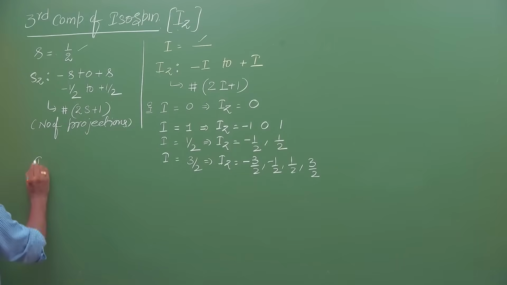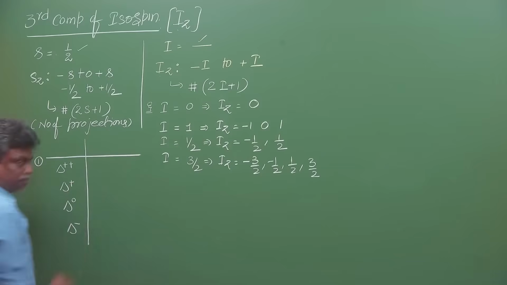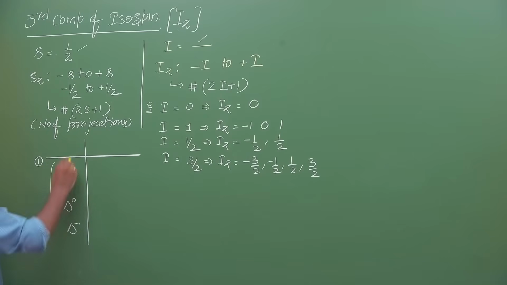Now I am taking 4 particle group. Everybody please listen. Delta double plus, delta plus, delta naught, delta minus. I am not giving any formula for this, leave it. Now everybody know this, how many particles are there in the group? 4. That's why isospin I value how much? 3 by 2.